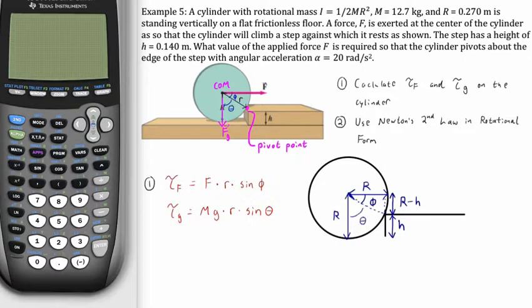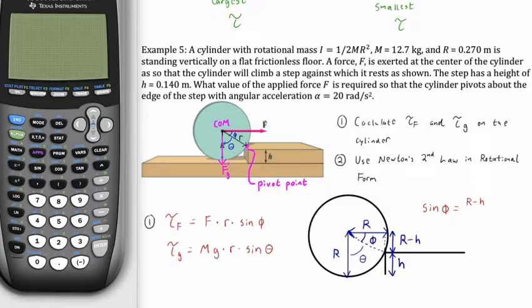Okay, so let me write it out. So in order to find phi, we'll use sine. So sine of phi is going to be opposite over adjacent, or r minus h over r.